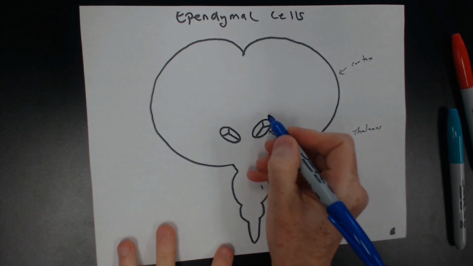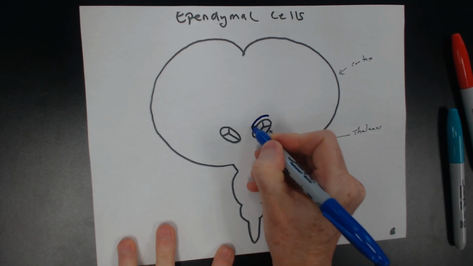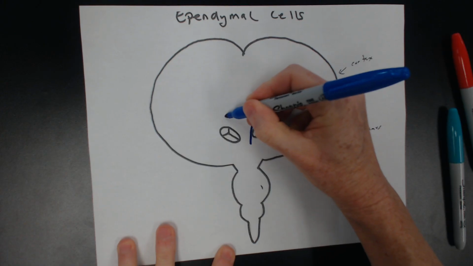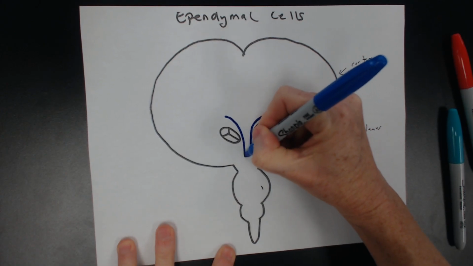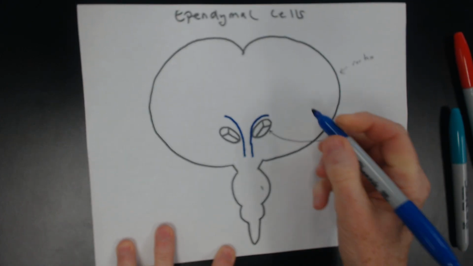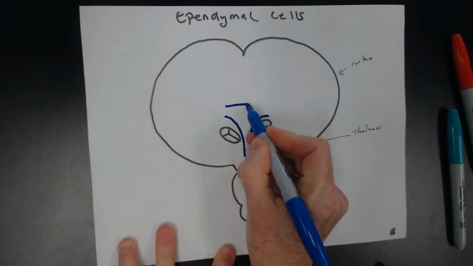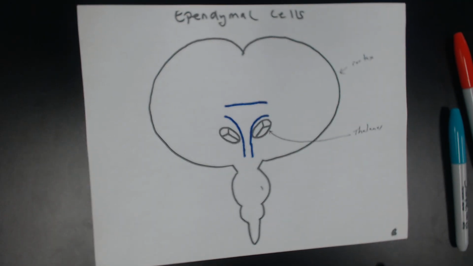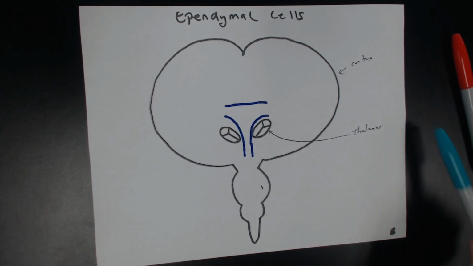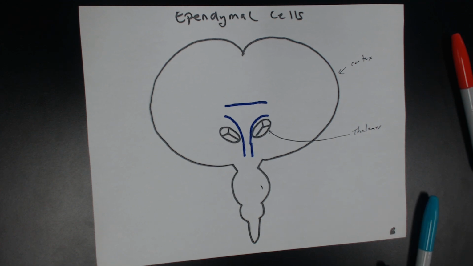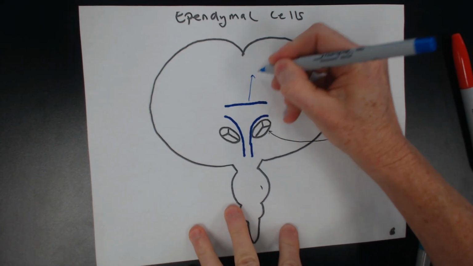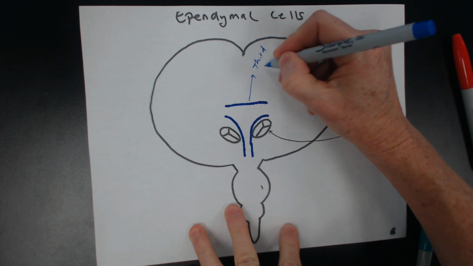This is going to be your third ventricle. So I'm going to draw my third ventricle in here between my thalami. Awesome. Third ventricles come all the way down here. Oh, let me label that. That's my third ventricle.